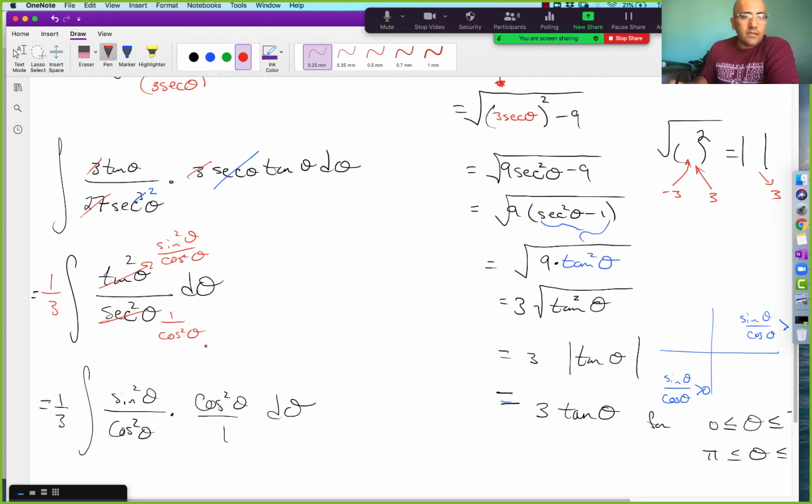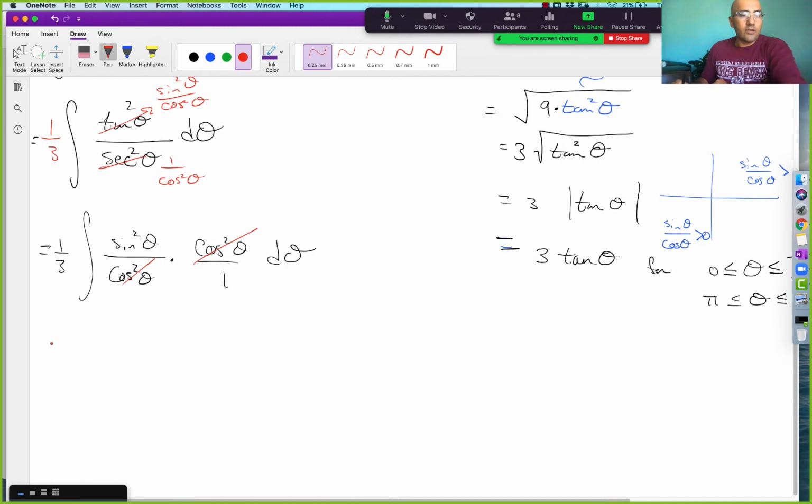And now these guys clearly cancel out, giving me just the 1/3 integral sine squared theta d theta. Good. And now we use our power reducing formulas from trigonometry. And remember that we have 2 of them, obviously, sine and cosine.